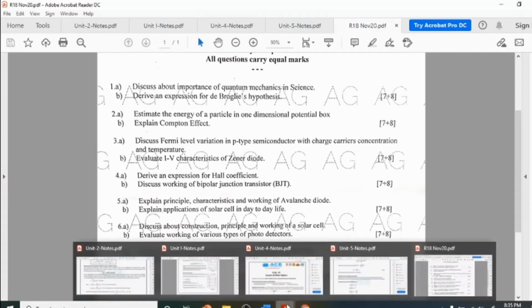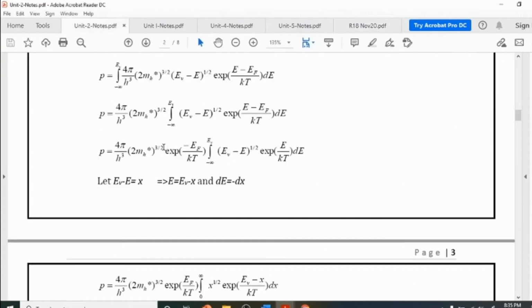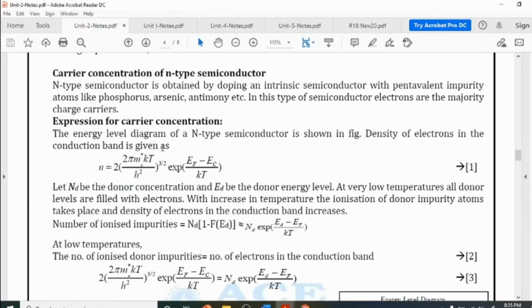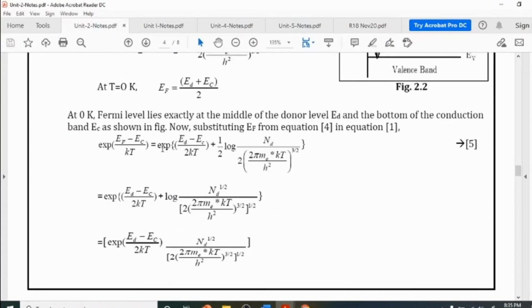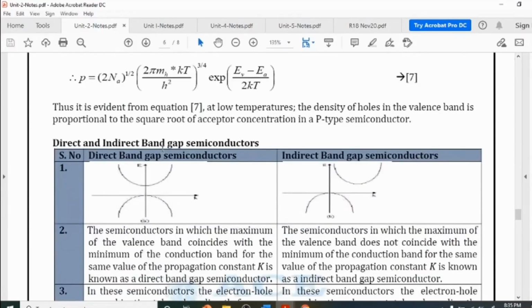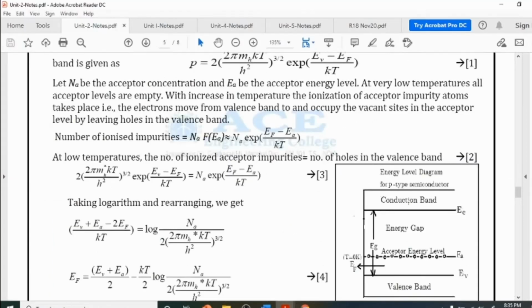Let us see this question from unit 2. So this is what he has asked us, the p-type semiconductor. This is n-type, this is p-type carrier concentration, but we want the concept of Fermi level. So here, how is the Fermi level going to shift?